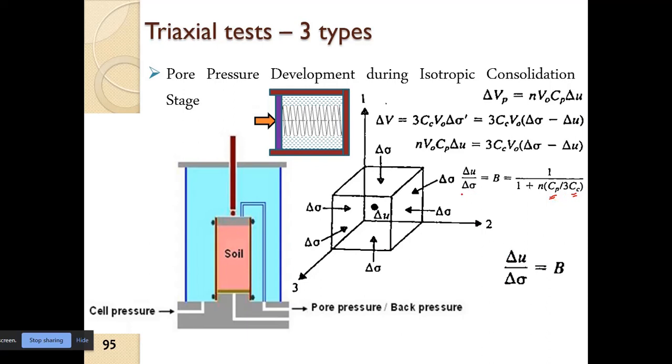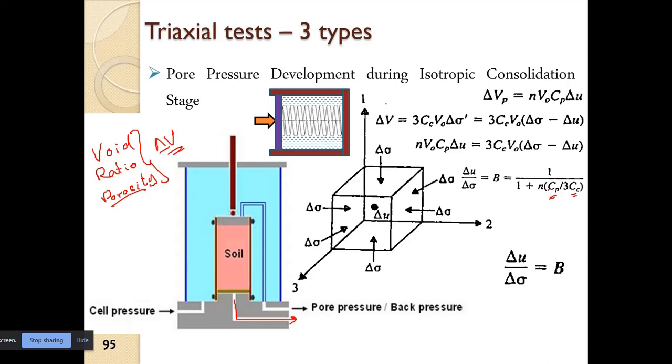So with the drainage, the water has to drain out. Only when the water drains out will we have the consolidation of the soil. In that case, there will be a reduction in the void ratio or the porosity. So the volume change in this case is way higher than the volume change due to compression of the pore fluid. That is why we assume that the pore fluid is incompressible.